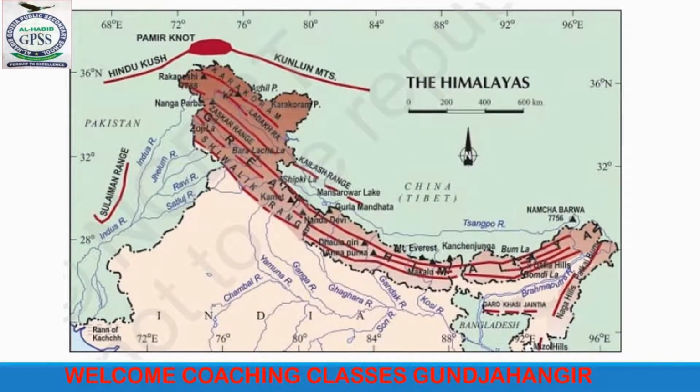The range lying to the south of the Himadri forms the most rugged mountain system and is known as Himachal or Lesser Himalayas. These ranges are mainly composed of highly compressed and altered rocks. The altitude varies between 3700 and 4500 meters and the average width is 50 kilometers.